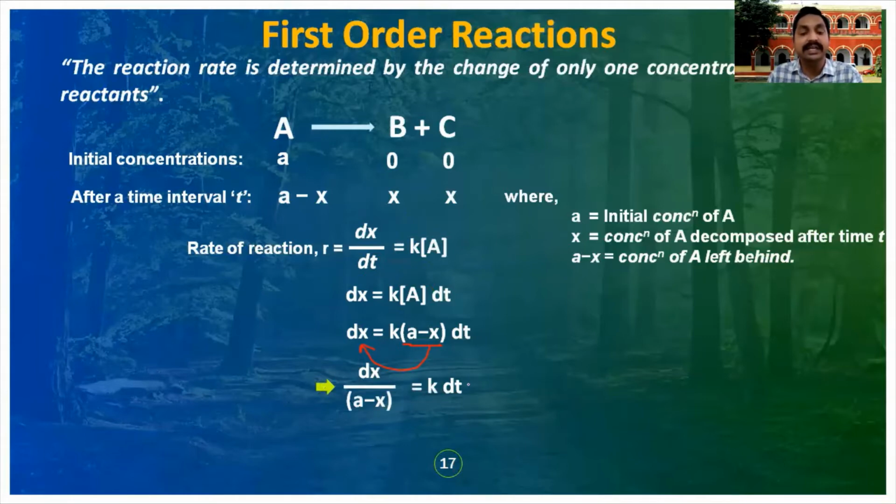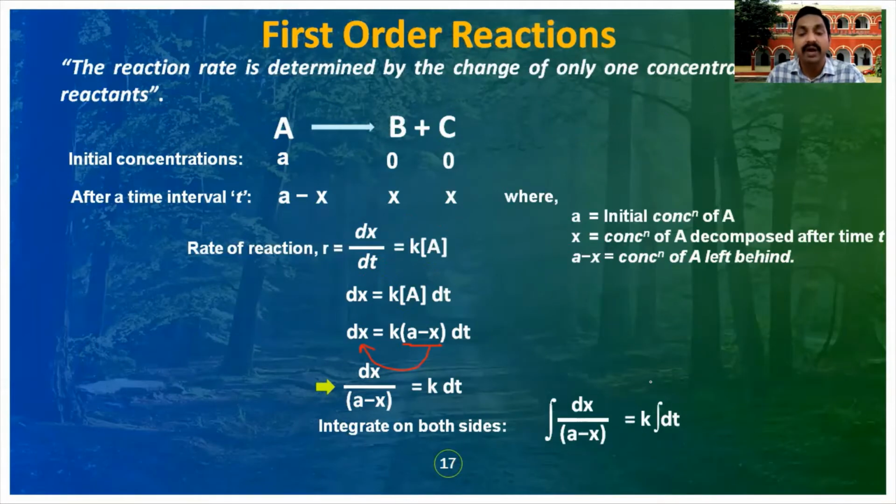Now let us integrate on both sides. We have the formula for this integration: integral of 1 by x into dx. What is the integration of 1 by x? Integration of 1 by x is equal to ln x.